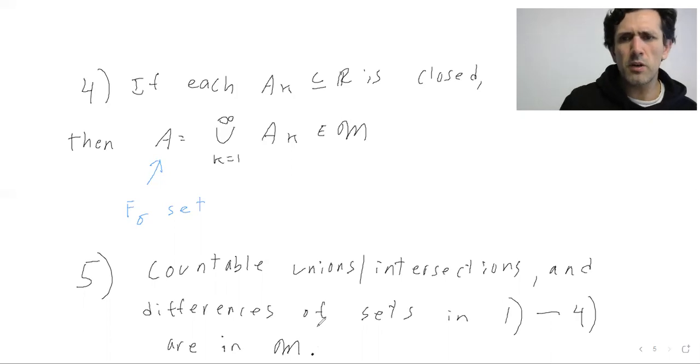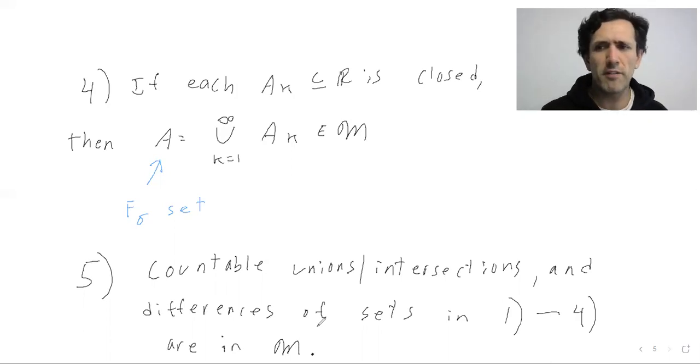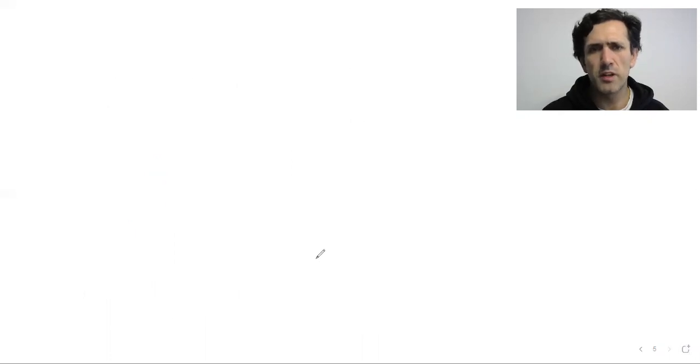Right? So this should really drive home the idea that any practical set you could possibly ever imagine is going to be measurable. We will prove that there exists a non-measurable subset, so it does not contain everything.